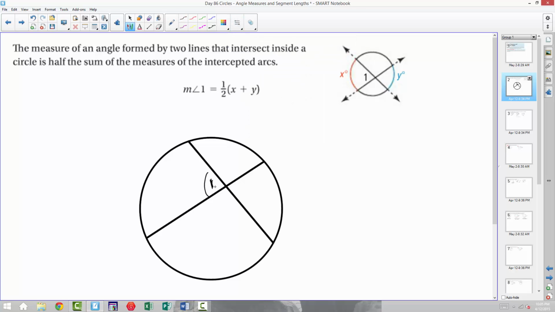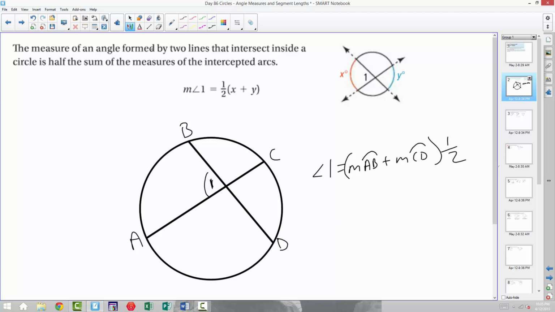I can find angle 1 by taking arc measure AB and arc measure CD. So in my diagram, angle 1 is going to equal the measure of arc AB plus the measure of arc CD, and then multiplying by a half, or dividing by 2.